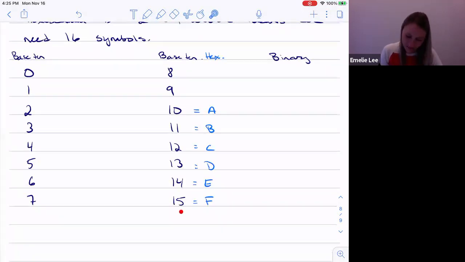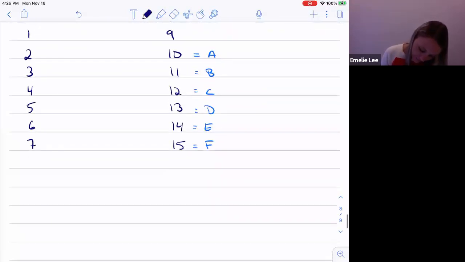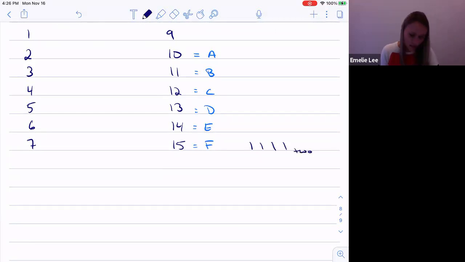So getting back to Hex, if we're moving from 15 base 10 to binary, we would have 1, 1, 1, 1 base 2.